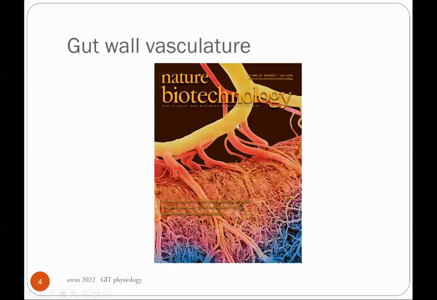And once the blood vessels go into the wall of the gut, they then branch out into smaller caliber vessels until they form the capillary network. So you can see this capillary network now. Now, can you imagine every time when you're eating, the blood has to flow through here.